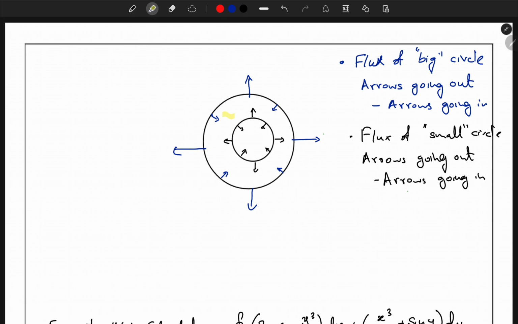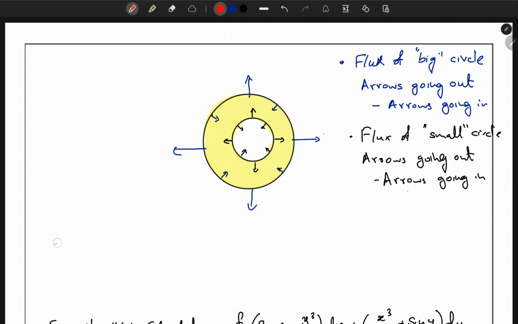Now we are interested in this region, the region in between these circles. So we are interested in this annulus. Now the arrows going out of this region, this annulus region.